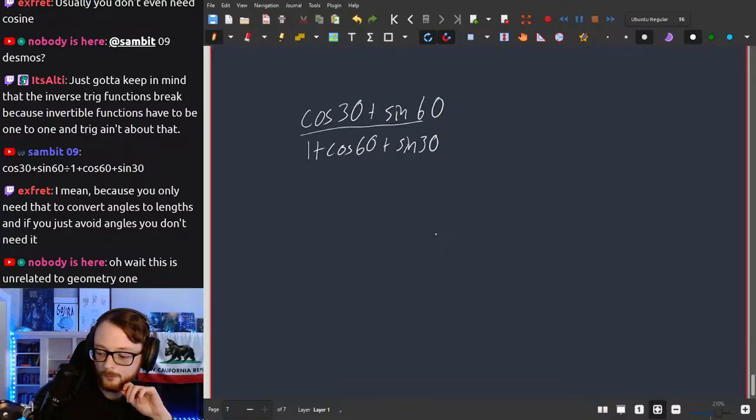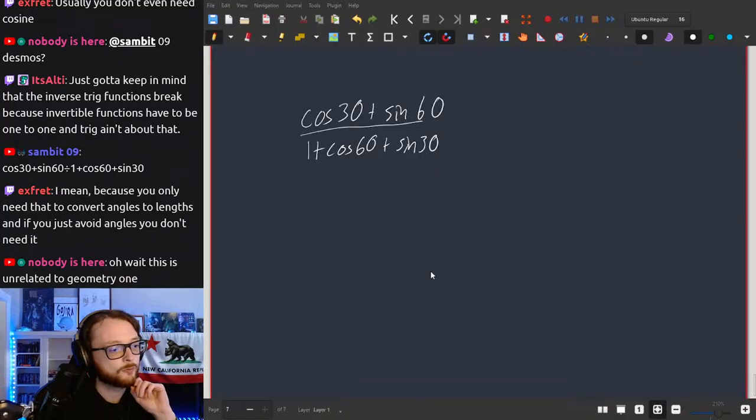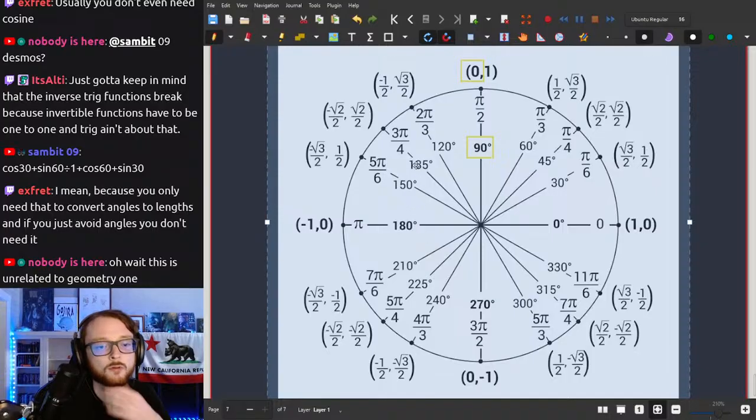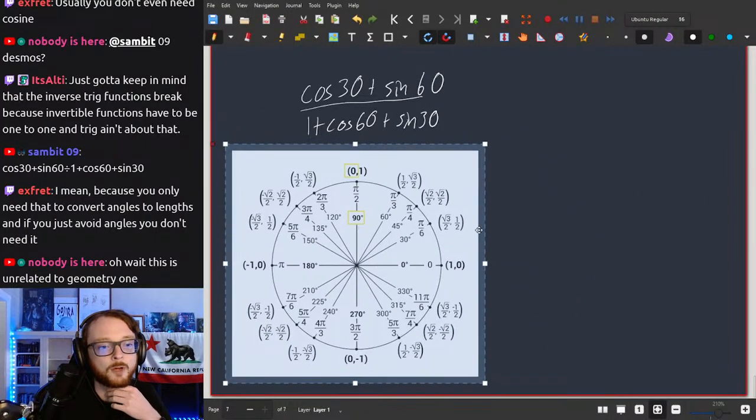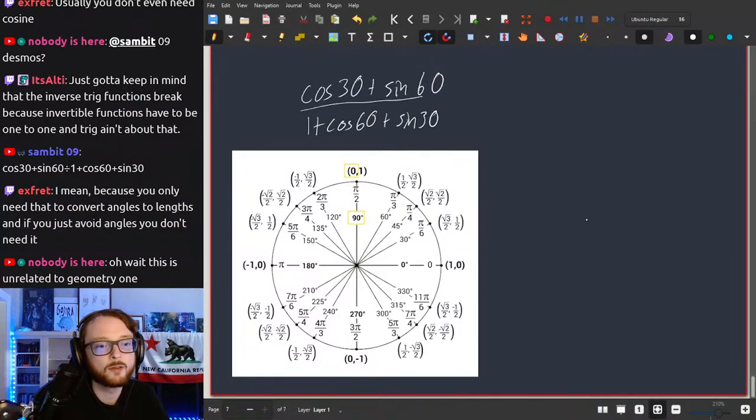I would use a unit circle for this. I'll bring one up just to show you, because maybe you're new to it. So if you want to figure out what, say, cosine of 30 degrees is, you look in the unit circle for where 30 degrees is, and you always take the x value for cosine.